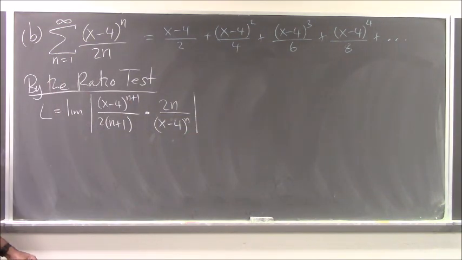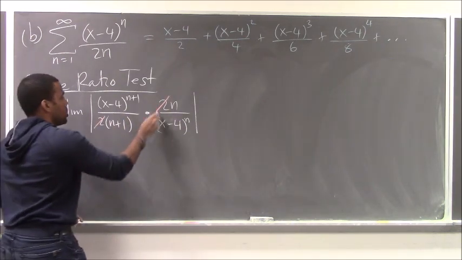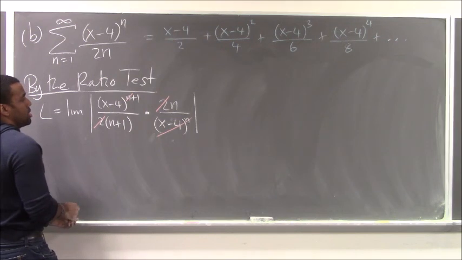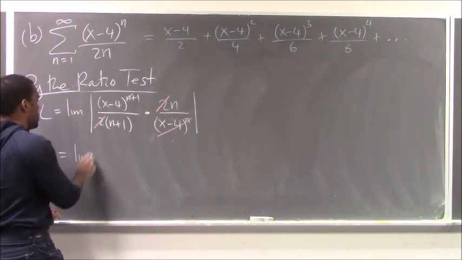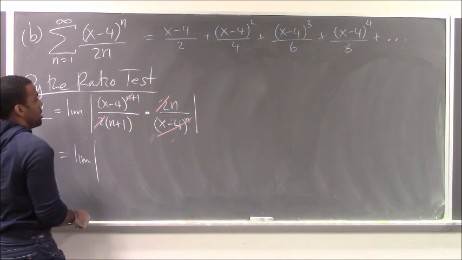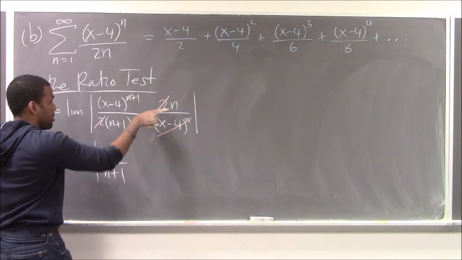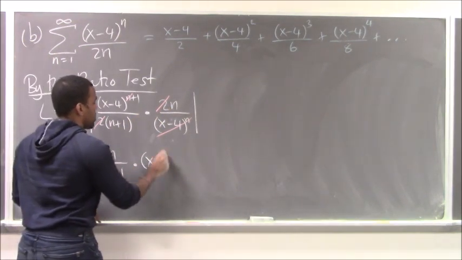So that's what that looks like. I can actually simplify this a little bit. 2 would cancel the 2. This guy is going to cancel that. And let's rewrite. So this is the limit. And this will give me n divided by n plus 1, by moving this n from here, times, I'd be left with x minus 4.